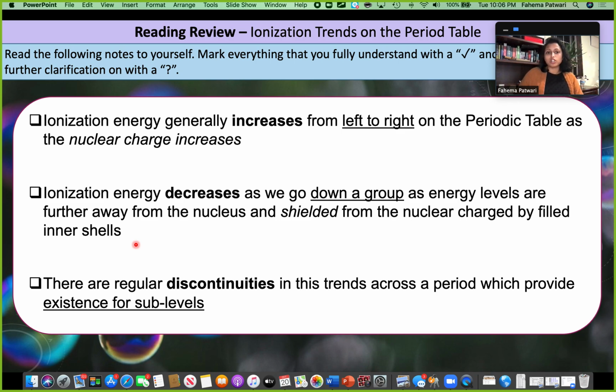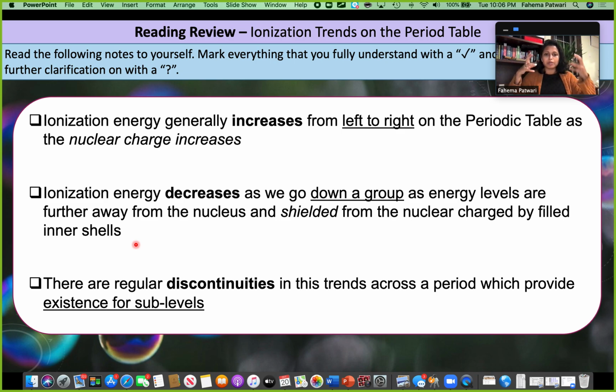As you go down a group, your number of energy levels increases. The first period has 1 energy level, the second has 2, the third has 3. So as you go down a group, your valence electrons are further and further away from the nucleus, and they're shielded from the nucleus because there are more electrons between that outside electron and the nucleus that's holding on to it.